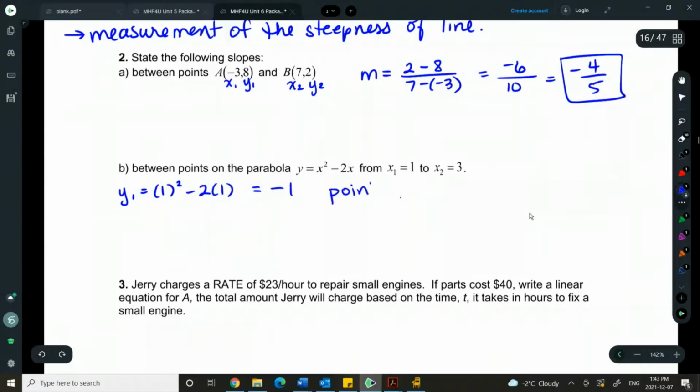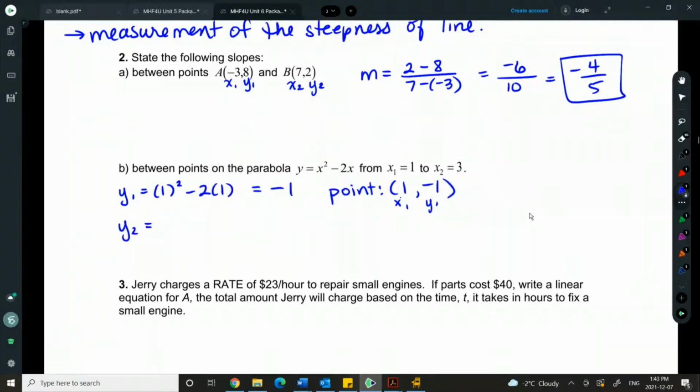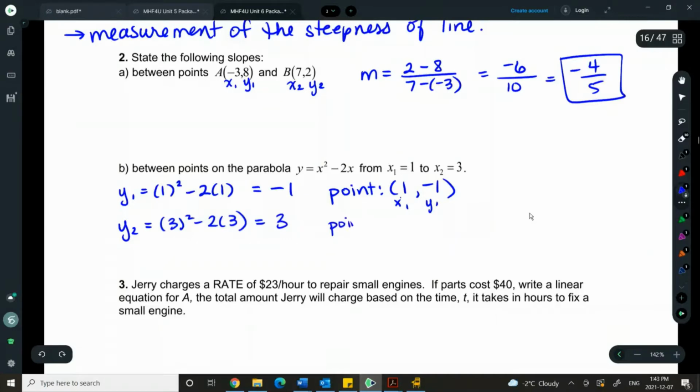So first point is 1, negative 1. That's x1, y1. And I can find y2 by just subbing x2 into our equation here. And that's going to give me 9 minus 6, so 3. So I have a point number 2 where I have x2, y2 as 3, 3.